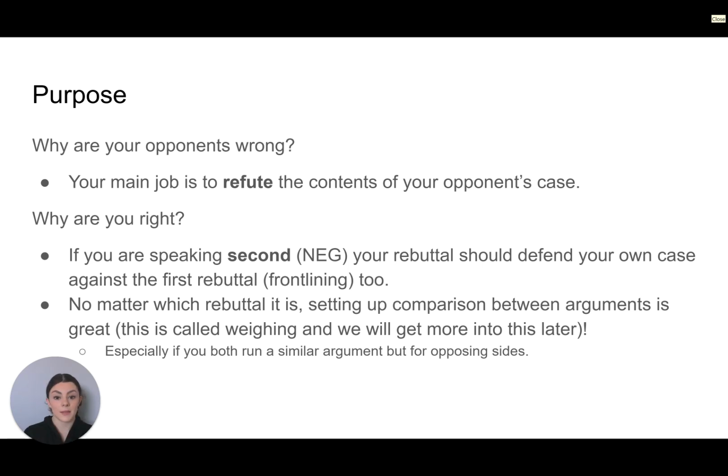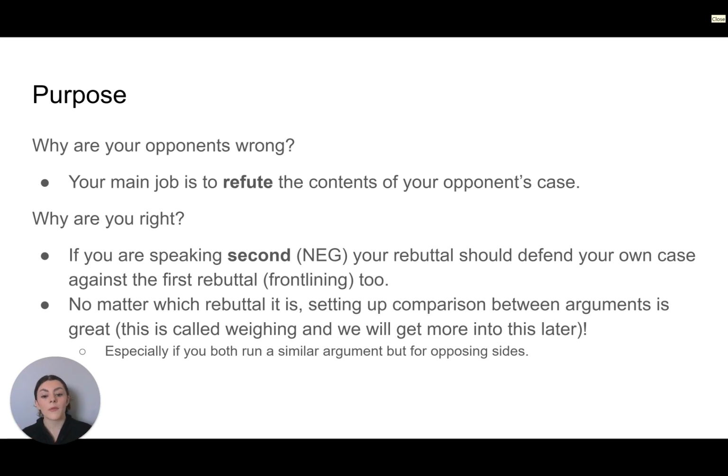Then there's a second type of rebuttal you can utilize, which is, however, judge, if you still agree with their point that blah, blah, blah is true, at the end of the day, it doesn't really matter to this debate, because let's say I'm talking about lives being impacted and they're talking about the possibility of you being a little bit happier. At the end of the day, lives matter a lot more than happiness.